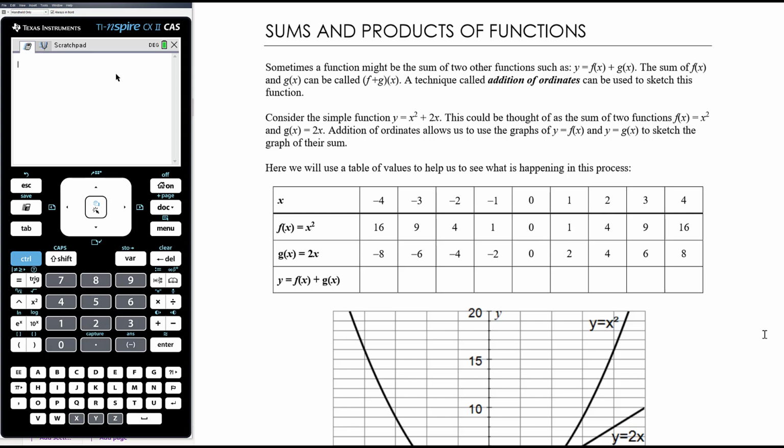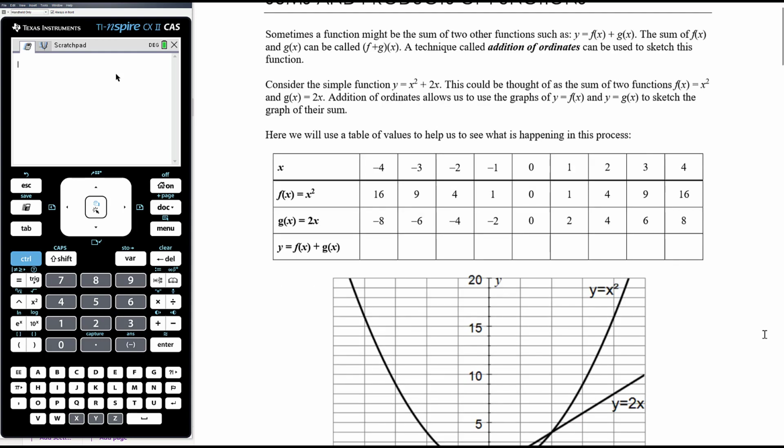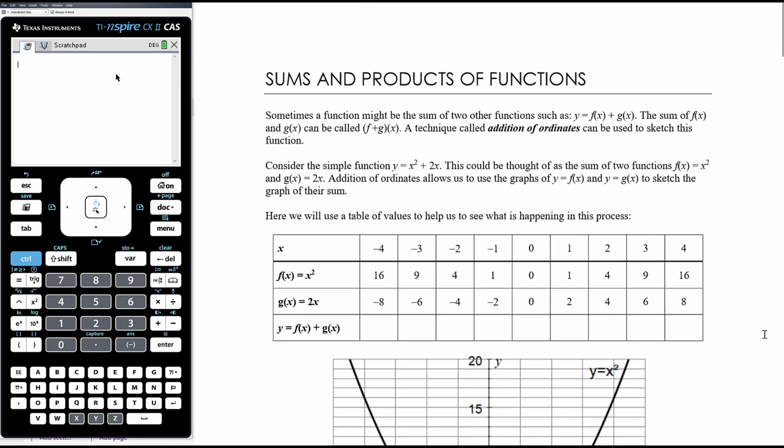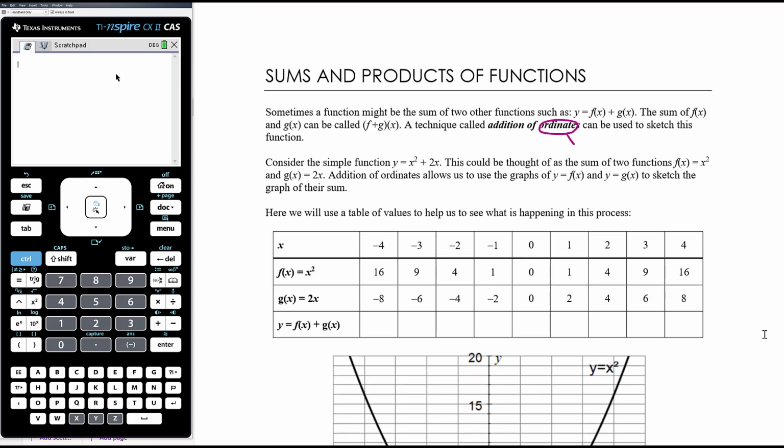But I want you to see numerically what I'm doing graphically as I look at each point. So I draw the two separate functions, y equals x squared and y equals 2x. And I want to draw the graph of x squared plus 2x by thinking about adding the ordinates. Now, ordinates, coordinates, we know about. The ordinate is the y values.